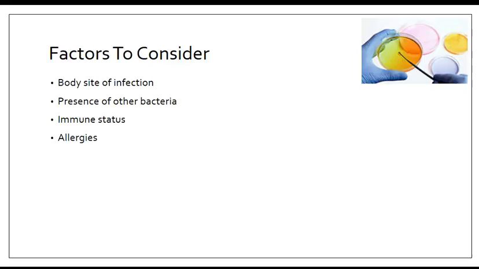The factors to consider when deciding what kind of medication a patient is supposed to be on: where is the organism at? For example, if they have meningitis, it has to be an antibiotic that will cross the blood-brain barrier and get to where the patient has the infection. Is there more than one pathogen?